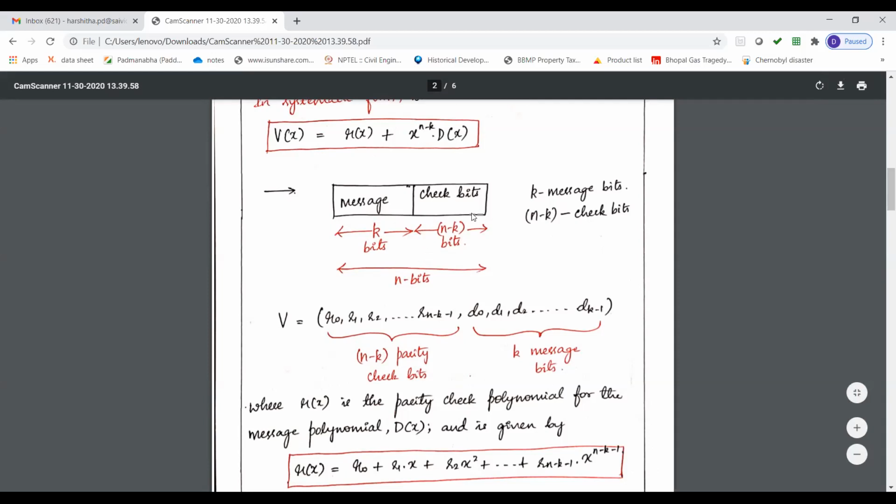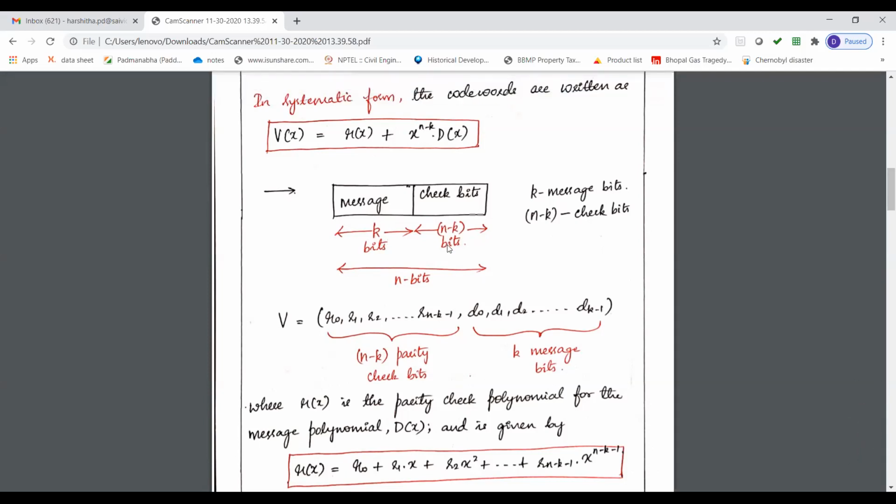If you want only the check bit length, it is n minus k. So k indicates the message bits and n-k indicates the check bits, and n bits is the length of the complete linear block code.